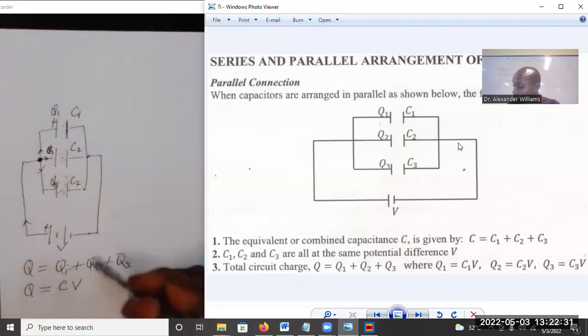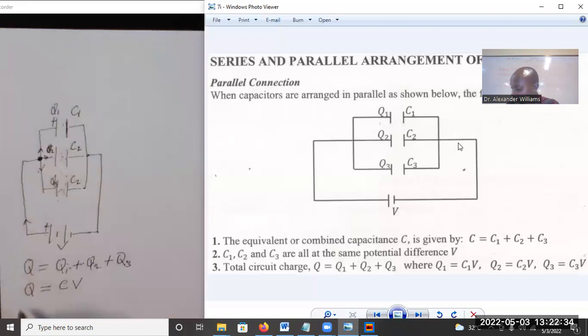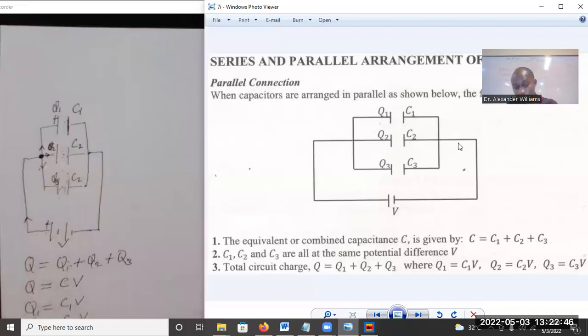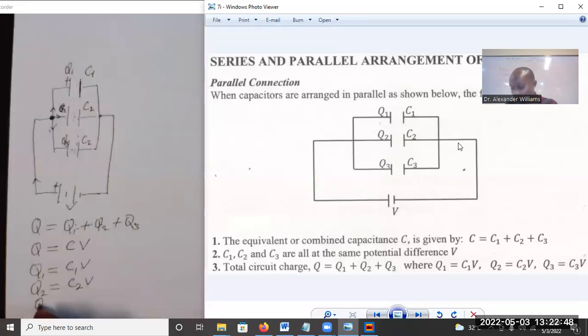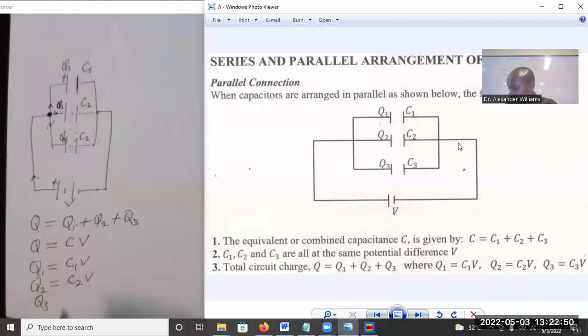Because of this, Q1 can be expressed as C1V, the same voltage, with capacitance 1. Then Q2 is C2V. Q3 is C3V.